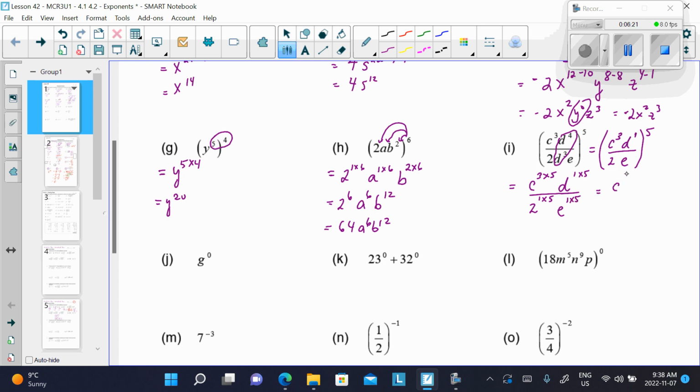Okay, so simplified, this is c to the exponent of 15, d to the 5th over 2 to the 5th, and e to the 5th. And if you want to go further, you can expand that to 5th, which is 32. Oops, that's supposed to be a d.